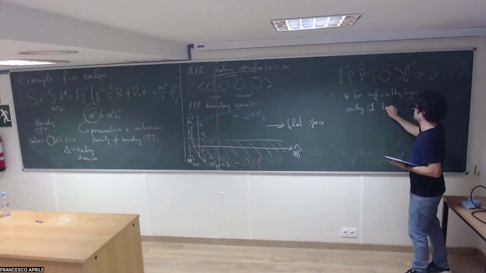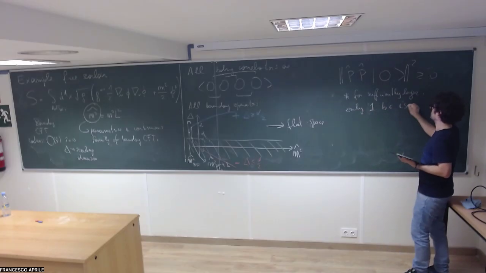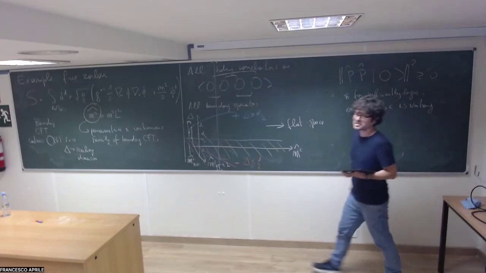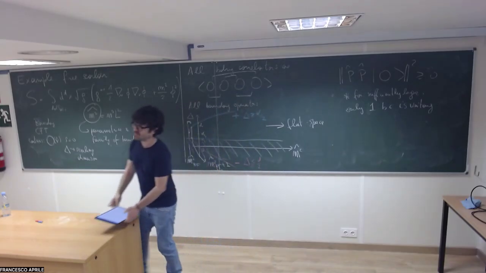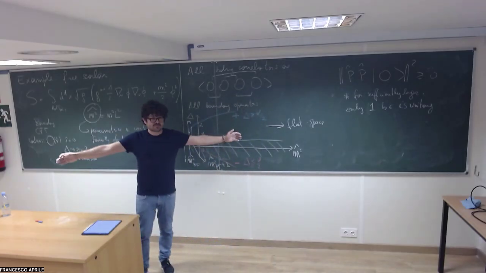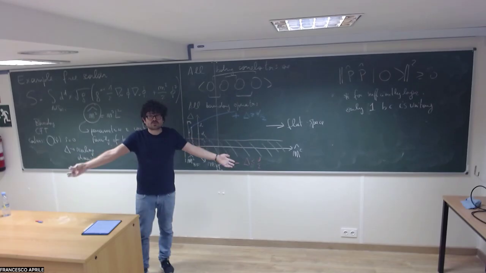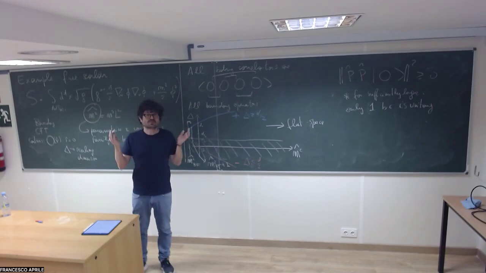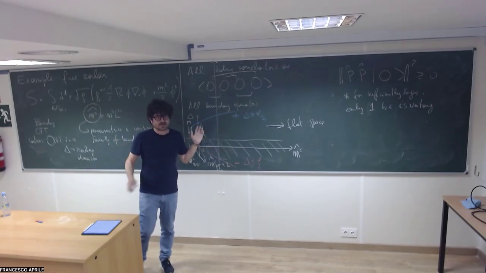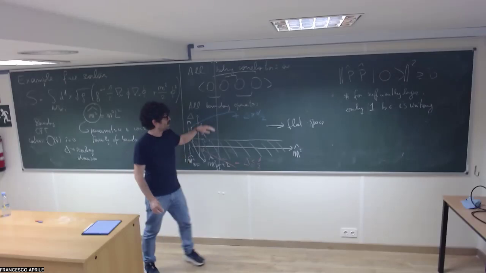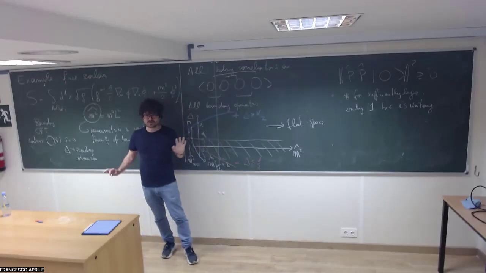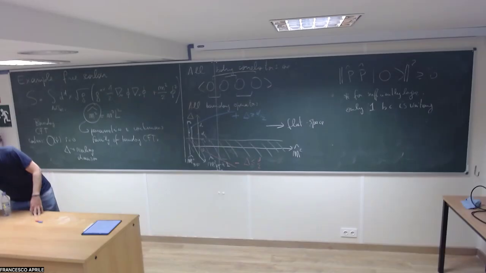Only one BC is unitary. This is kind of reassuring because I was claiming before that the large radius should give me S matrices in flat space. But usually when we compute S matrices, we typically don't start discussing what are the boundary conditions at infinity. So it's reassuring that here I have only one option that survives indefinitely, right?